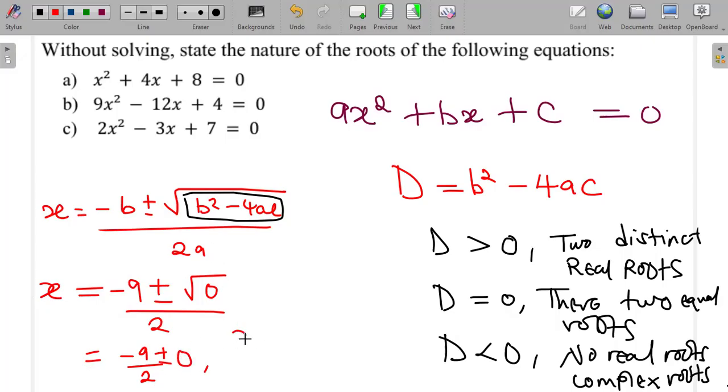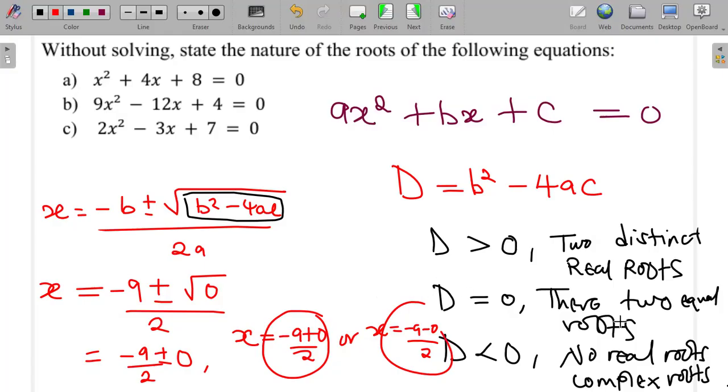One of them will be x is equal to minus 9 plus 0 divided by 2, or x is equal to minus 9 minus 0 divided by 2. So you see that we're just going to get the same answer, right? No wonder we're saying there are two equal roots or one repeated root, because the answer has just been repeated. So when the discriminant is equal to 0, that's the case that is happening.